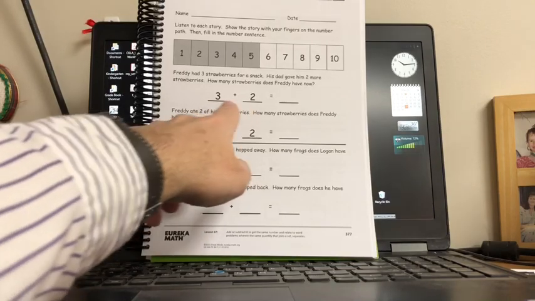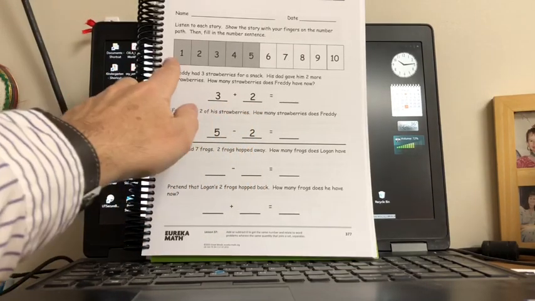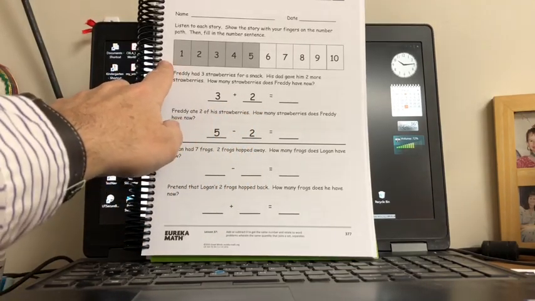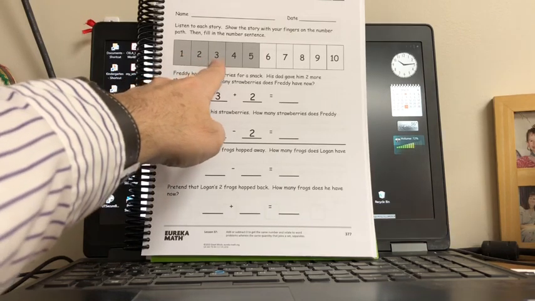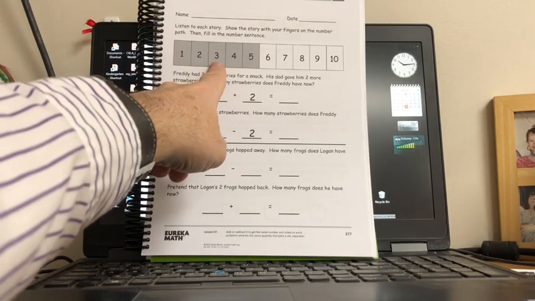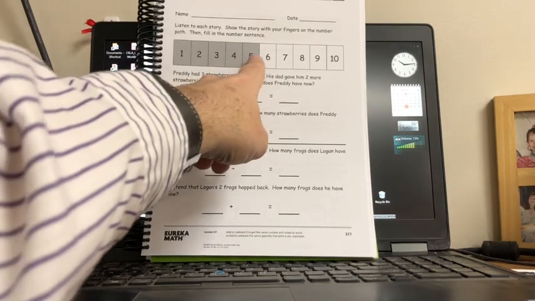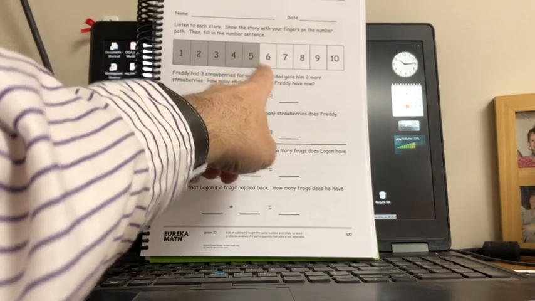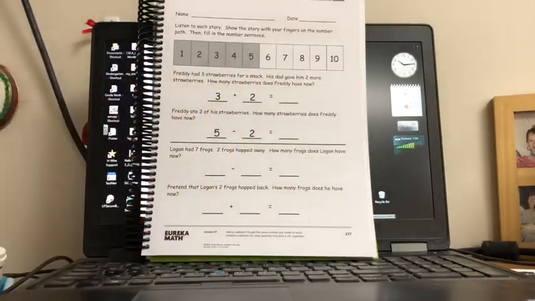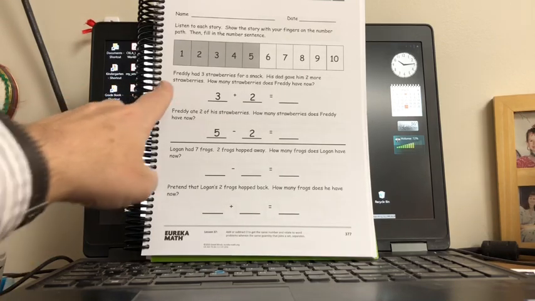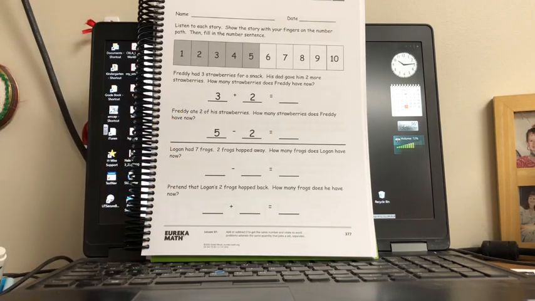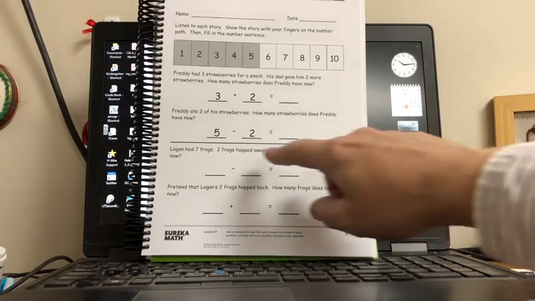Do you see that they've set it up as an addition problem? We count 3 strawberries, 1, 2, 3, and then he counted 2 more. 1, 2. How many strawberries does he have now? Freddie has 5.